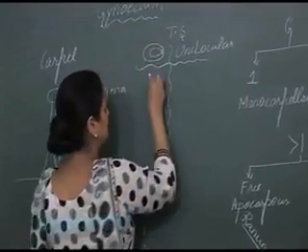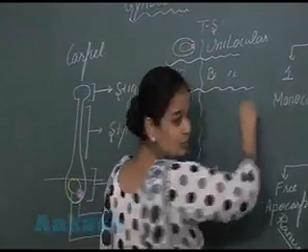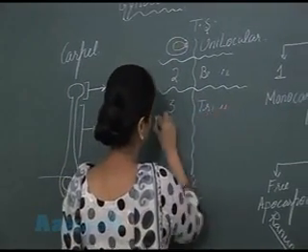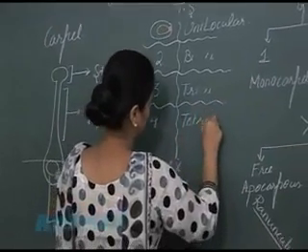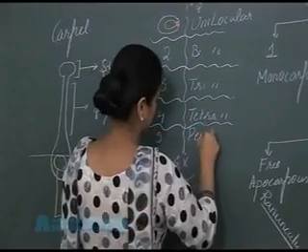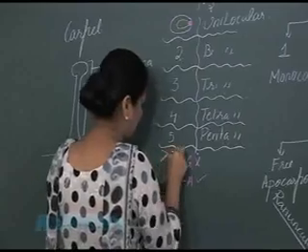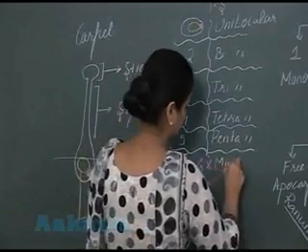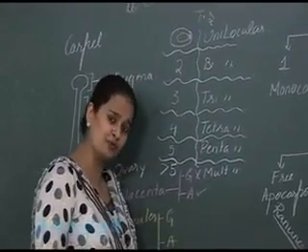If two locules are present, bilocular. Three, trilocular. Four, tetralocular. Five, pentalocular. And if more than five chambers or locules are present, this is known as multilocular gynoecium, multilocular ovary.